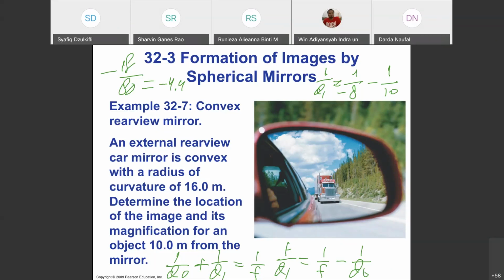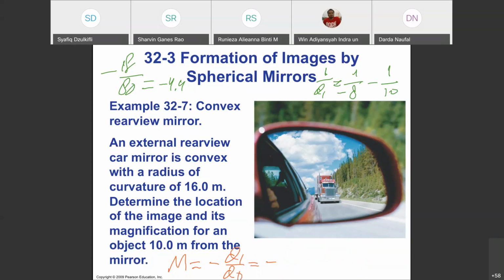There's the location of the image. What about the magnification? The same formula? M equals minus di over do.